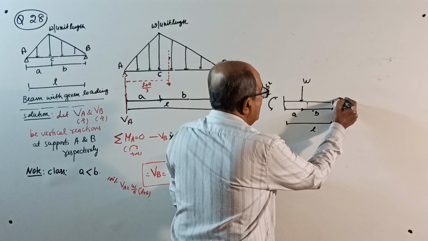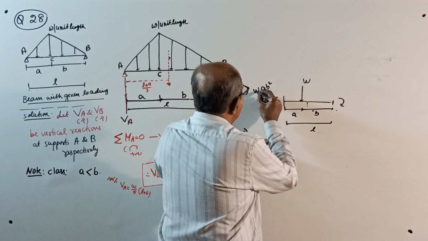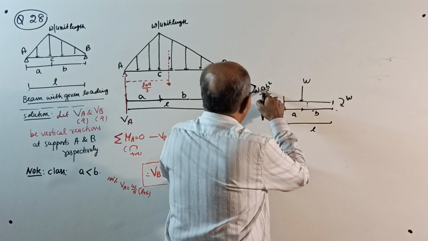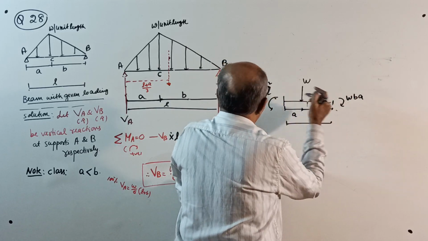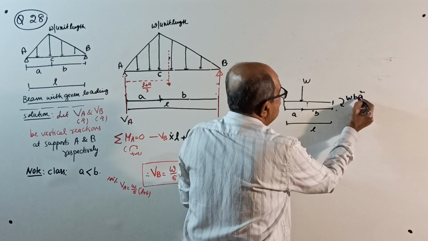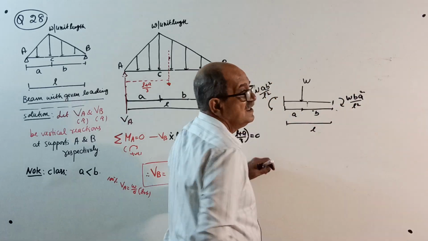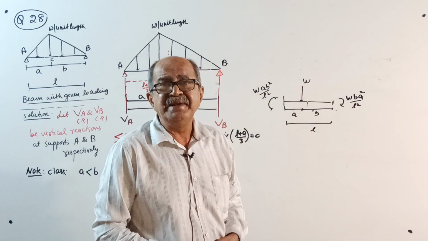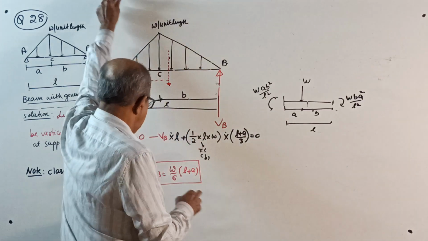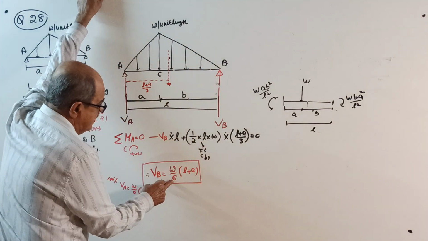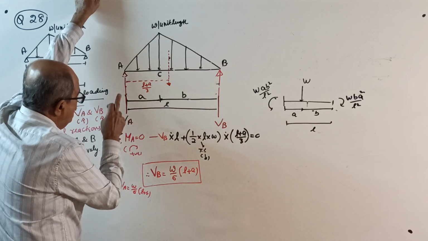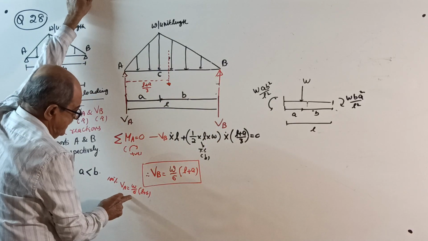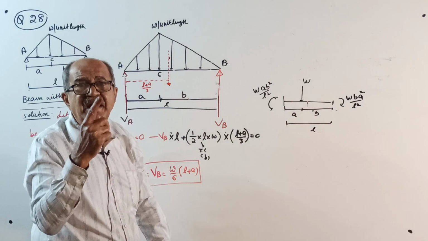Now, where A comes, B will come, where B comes, A will come, here B square, here A square by L square. That is called somewhat a pattern. Same way here, if I got VB, W by 6 into L plus A, when VB came in terms of L plus A, VA will come W by 6 into L plus B, my guarantee.